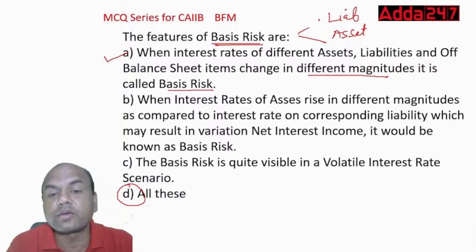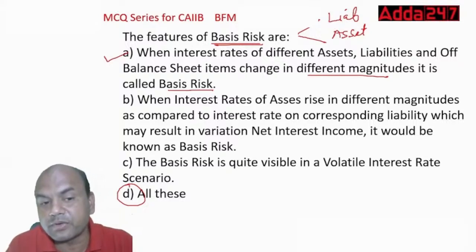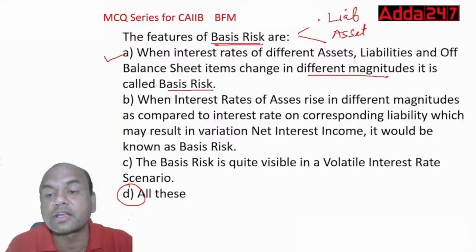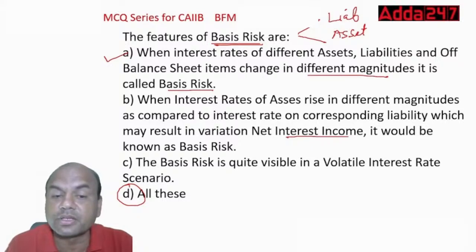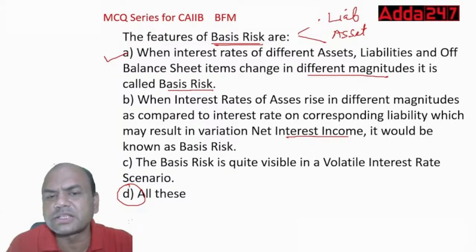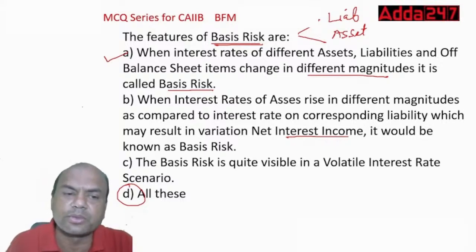When the interest rate of assets rises in different magnitudes as compared to the interest rate in the corresponding liability, which may result in variation in net interest income, it would be known as basis risk. So again the same, wording is different only, logic is same. Assets interest rate rises in different magnitude than that of the liability. That's it. So B is also true.